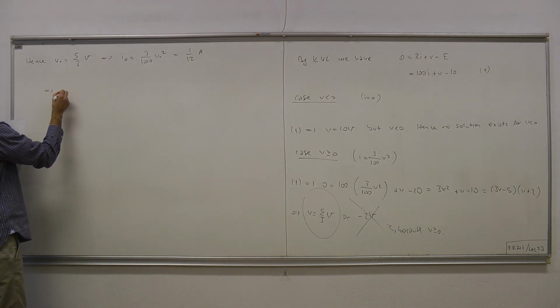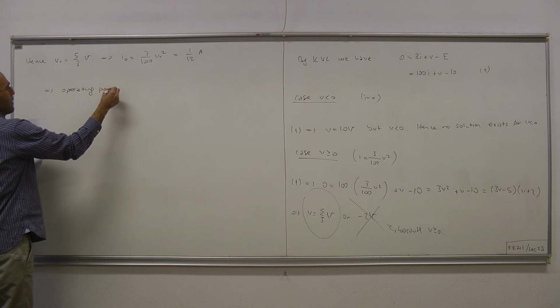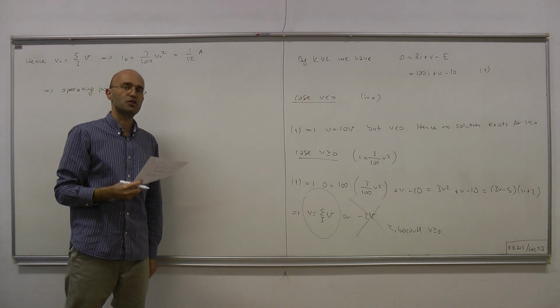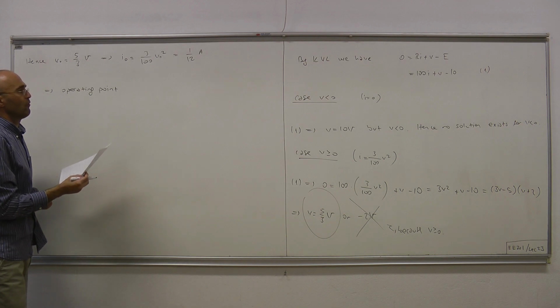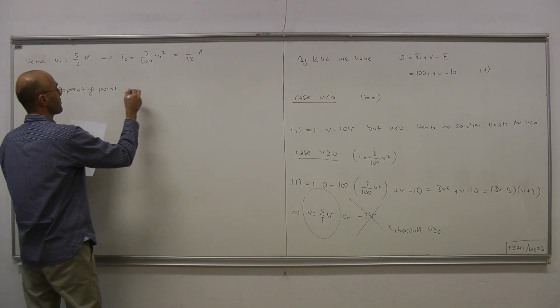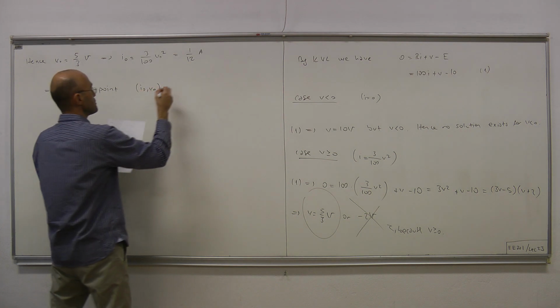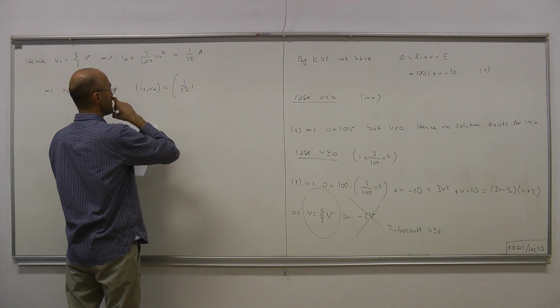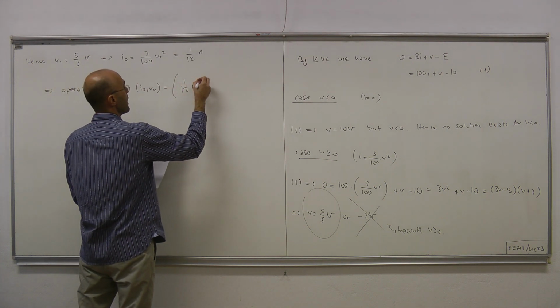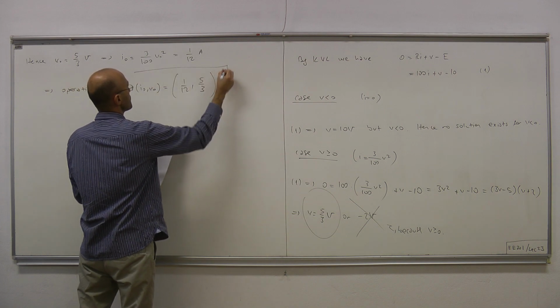Therefore, the operating point, or the current-voltage pair of the nonlinear resistor for the given circuit, is (I0, V0) equals 1/12 amps for the current and 5/3 volts for the voltage.